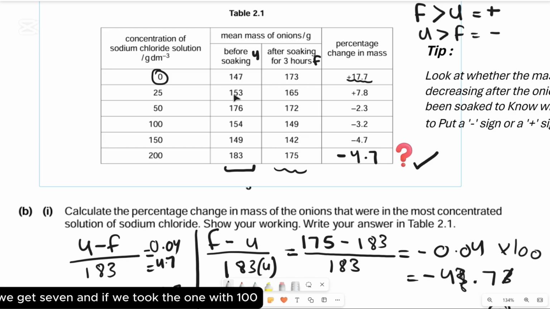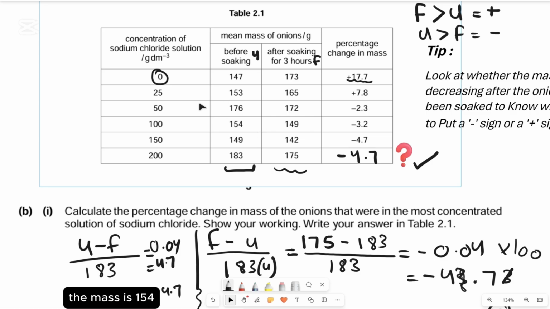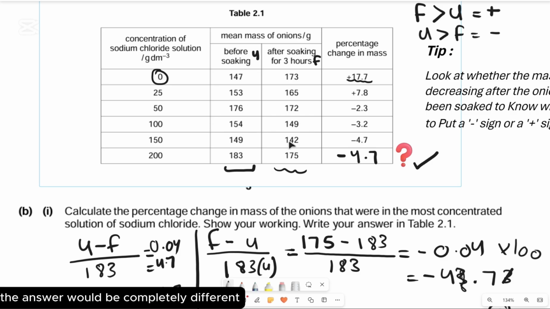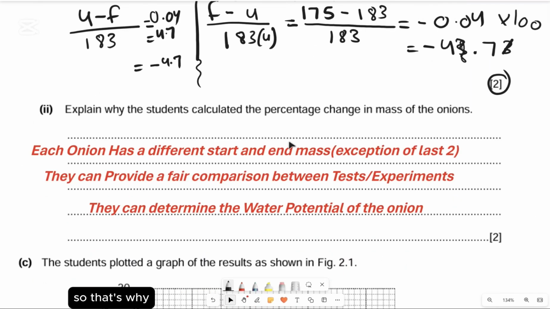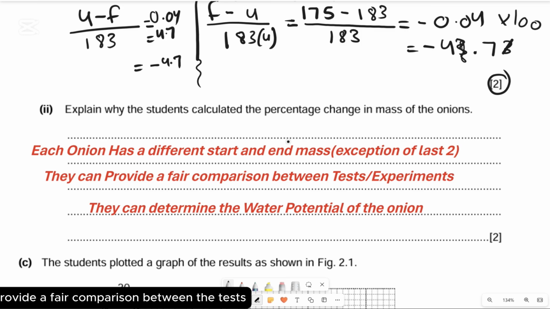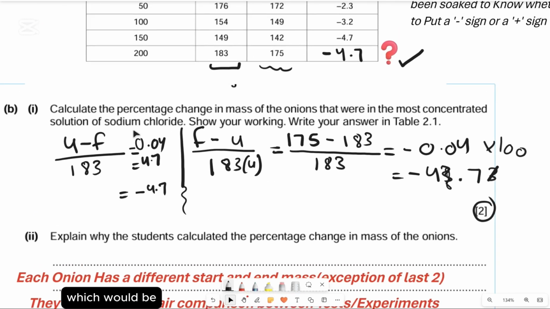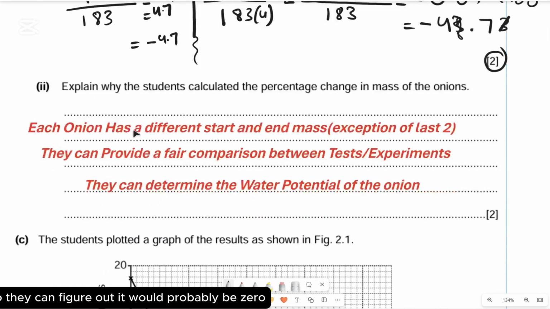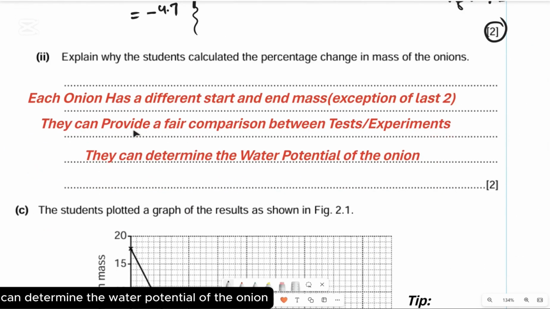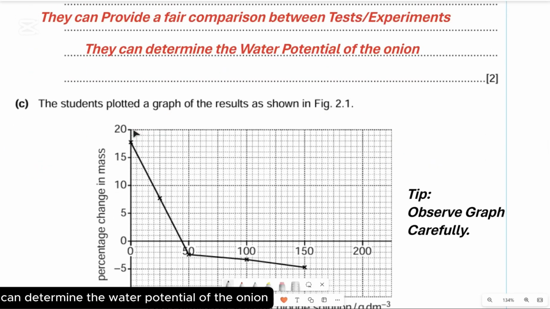And if we took the one with 100, the mass is 154, so the answer would be completely different. So this would give us unfair results. So that's why, to provide a fair comparison between the tests. And they can also determine the water potential of the onion.